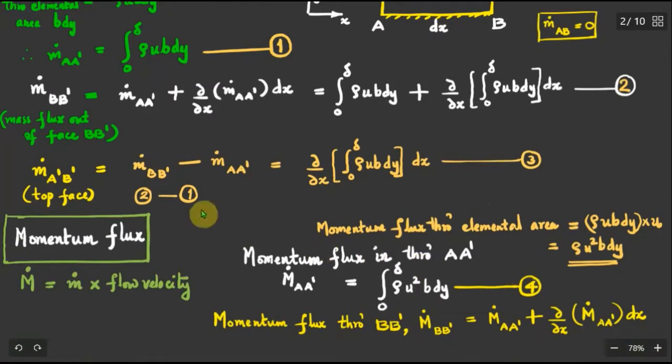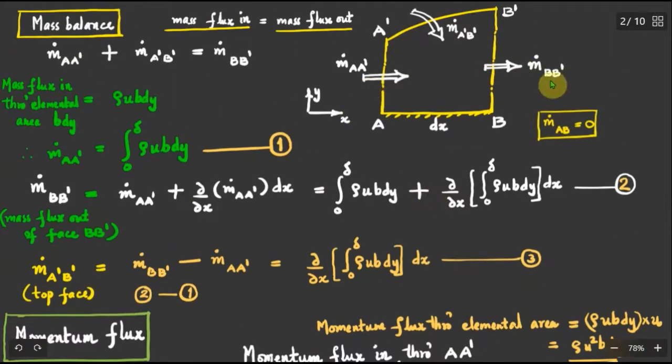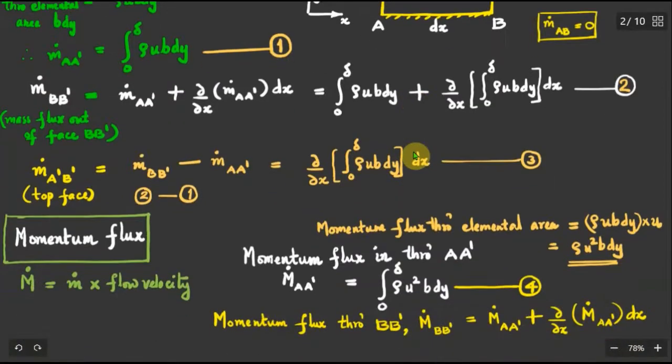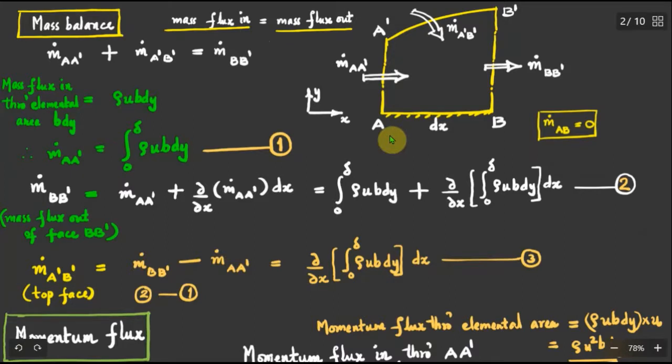Actually we found out all these mass flow rates, three mass flow rates through the left side face, the right side face and the top face, in order to find out the momentum flux. So the momentum flux, or the rate of momentum change, as the flow passes through each of these phases A dash, B dash and A dash B dash.